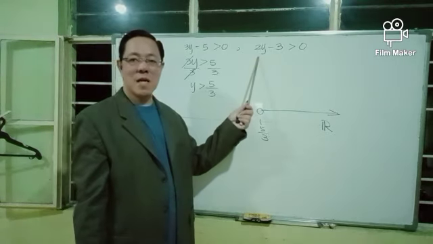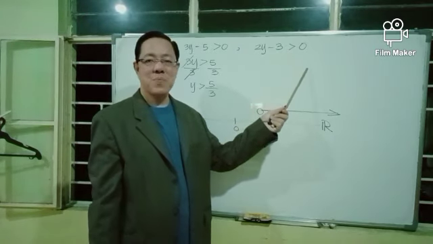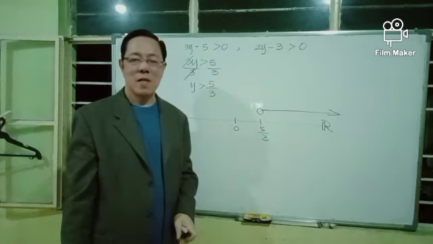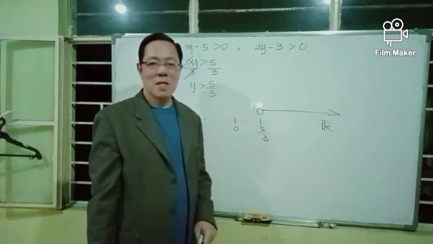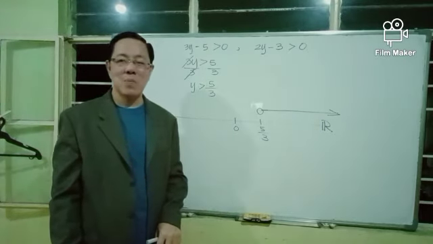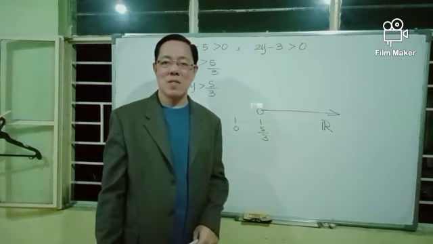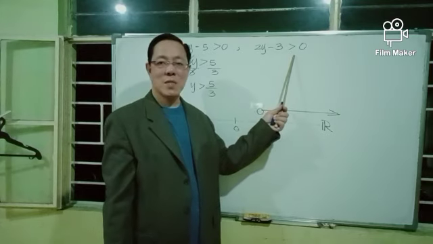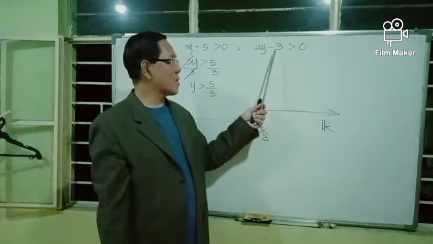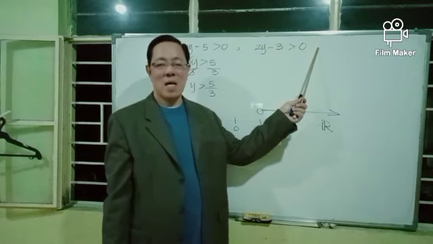Now we solve the second linear inequality 2y minus 3 greater than 0 by transposing negative 3 to the right-hand side. But of course, the proper way is to add 3 to both sides of the inequality. By the addition property of inequality, if you add the same constant to both sides of an inequality, the inequality remains true and the inequality sign remains the same. But the easier way is to transpose negative 3 to the right-hand side and it becomes positive 3.